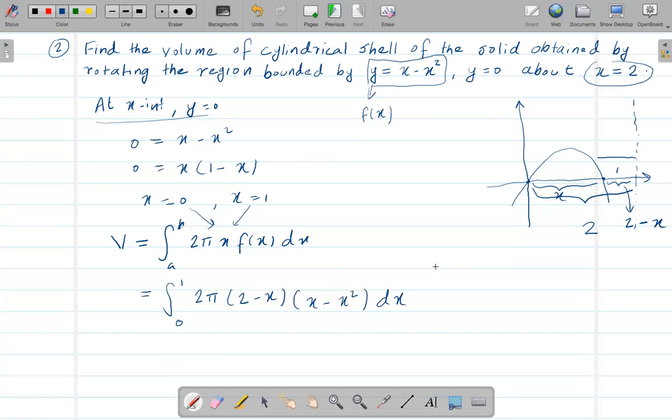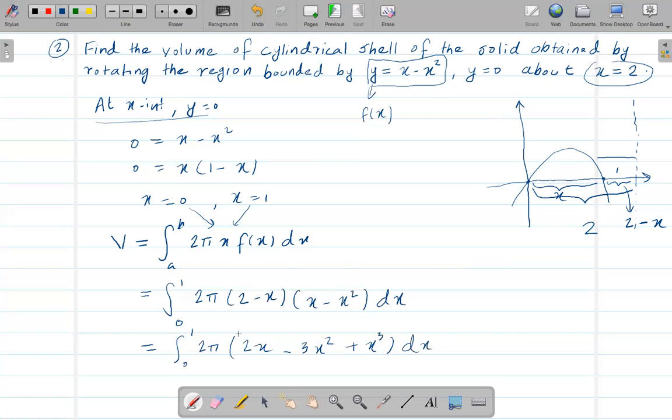After this, 2 pi is there. Now combine these two, and you'll be getting 2x minus 3x squared plus x to the power 3 dx.